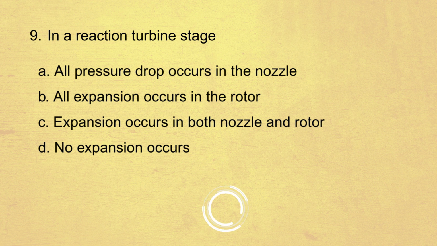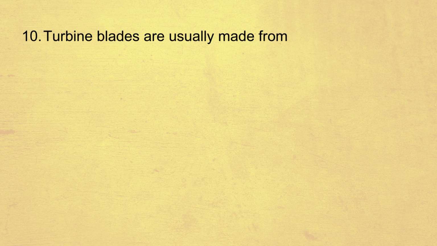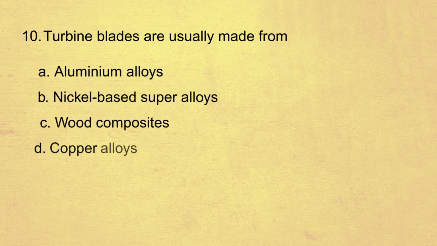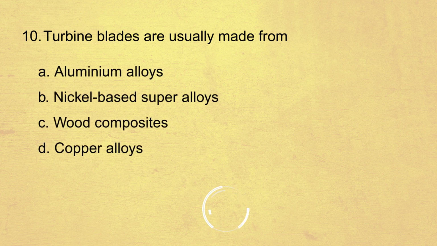In a reaction turbine stage, expansion occurs in both nozzle and rotor. Turbine blades are usually made from nickel-based super alloys.